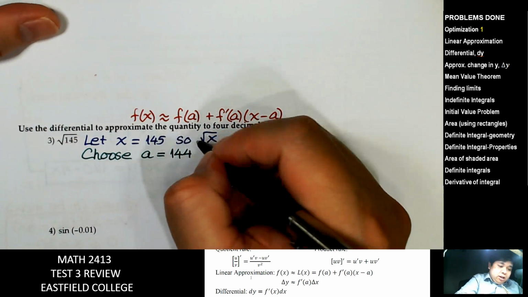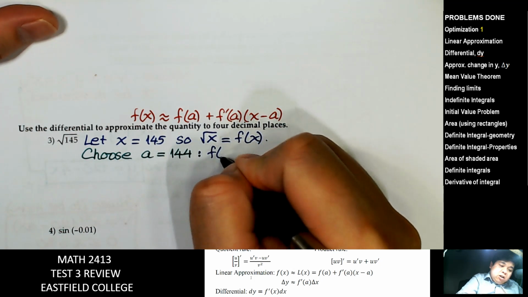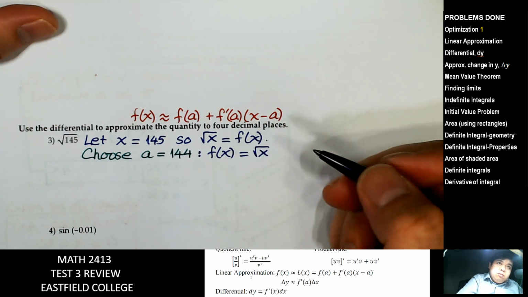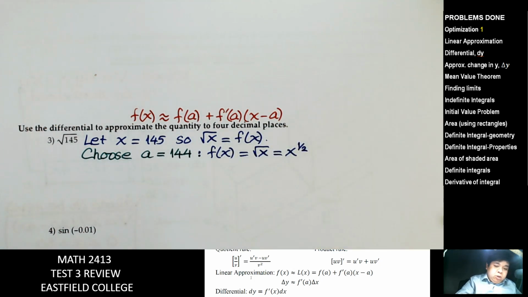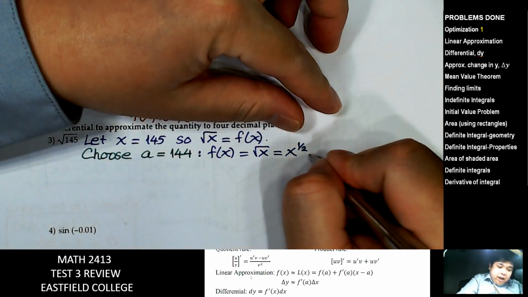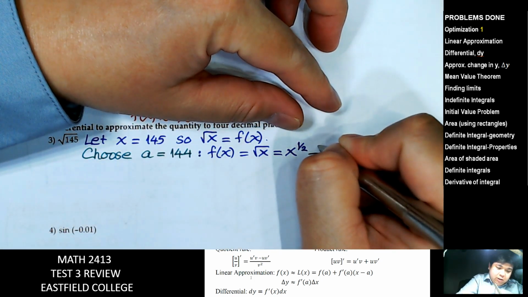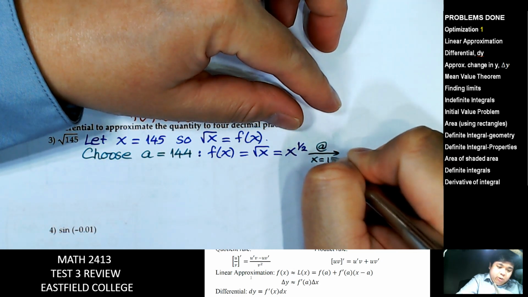Next, since the function is square root of x, or x to the 1/2, we evaluate at x equal to 144.